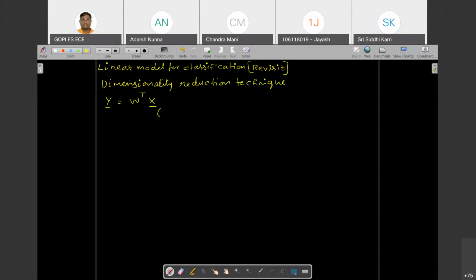For example, if the original data is of size m cross n, we need a matrix W of size m cross n, so W transpose is n cross m, and we get this vector y. They are interrelated like this using this matrix W. So we call this a dimensionality reduction technique.